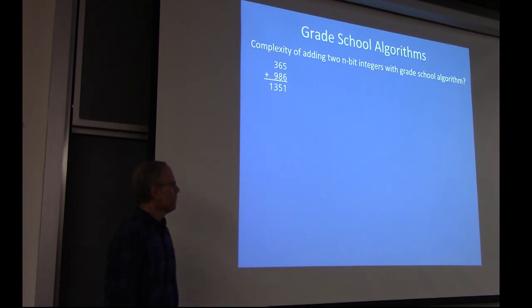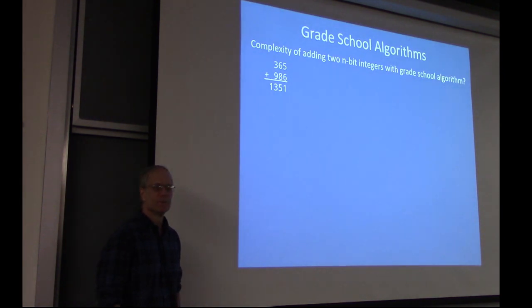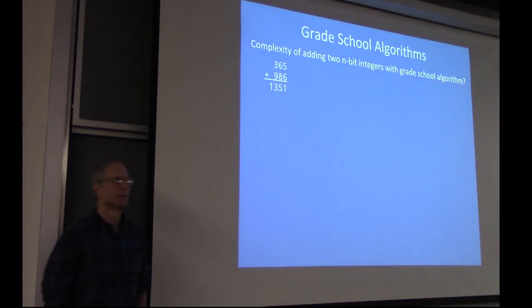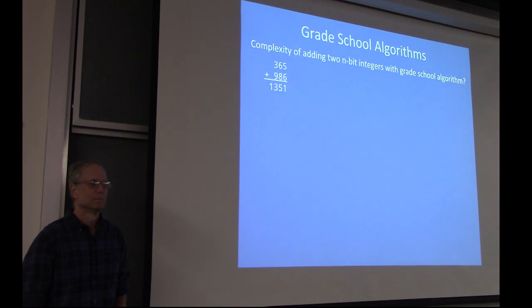Now, what if you have 2 numbers? Suppose you have a number x. So x is the value of a number, and you've got to add it to itself. What's the complexity of that? What's the complexity of adding x to itself? How many steps will there be?